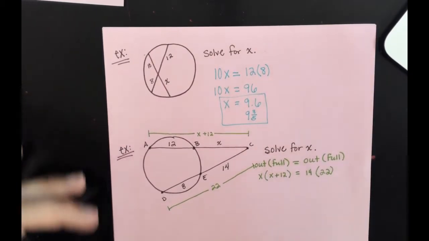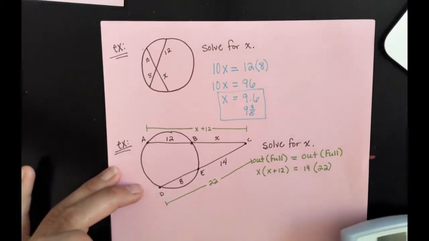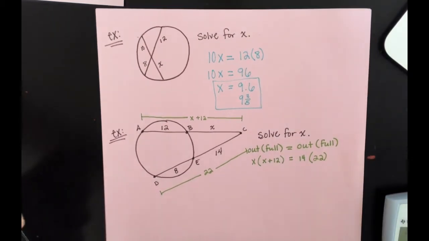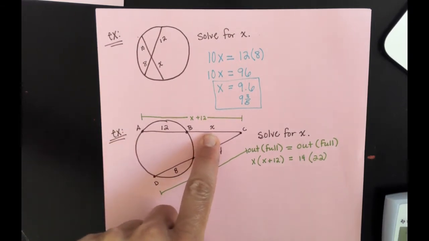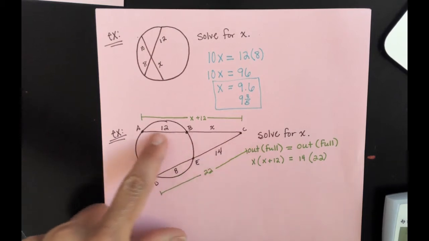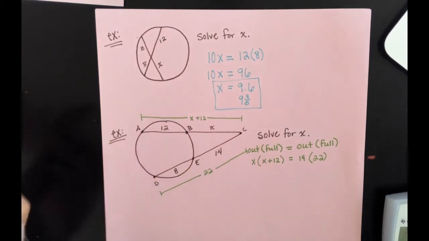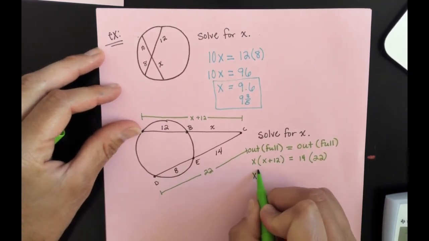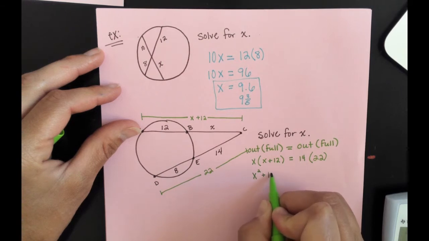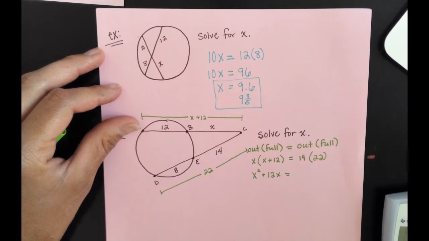Now what ends up happening here is this is where we have to remember, in some situations, this is going to be a pretty easy question. Maybe it was the fact that the outside here, we had a value and we just wanted to figure out what that full length was. So it could have been that it was pretty quick, but here we have to remember that when we distribute, we're going to end up with what looks like a quadratic.